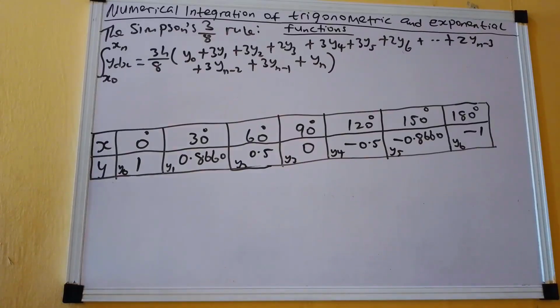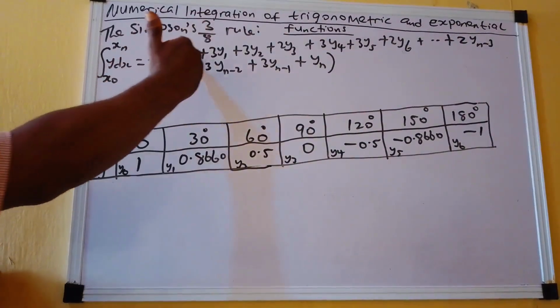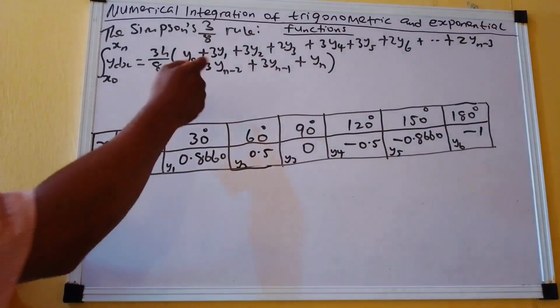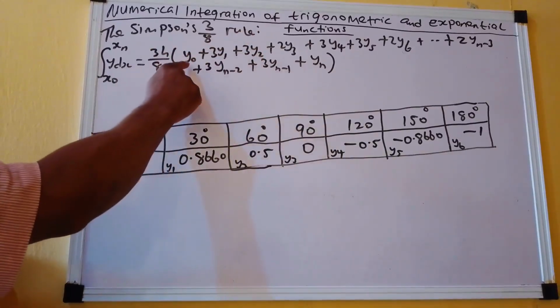Now it will interest you to know that for this particular problem, our h remains the same. The h we shall be using is gotten in radians using 22/7. Again, look at the Simpson's 3/8 rule.